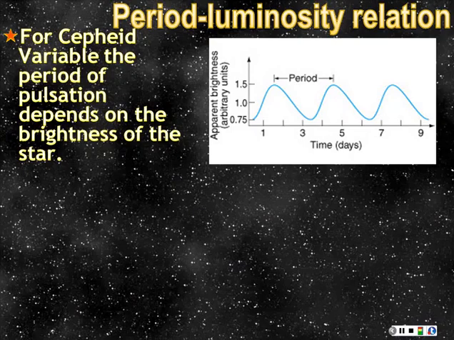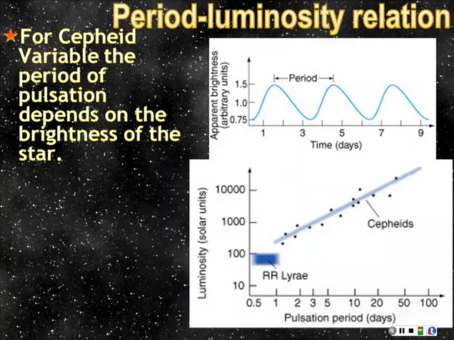So we've got a bunch of these. We know how far away they are because we've got them with stellar parallax, and then we're watching them going bright and faint and bright again, and then we plot it and we say, okay, if I've got a pulsation period of 5 days, it's got a luminosity of 1,000. If it's got a pulsation period of 20 days, then it's more like 50,000, and so on.